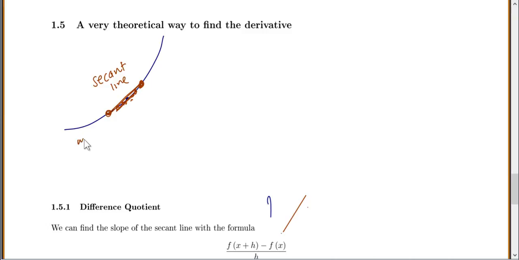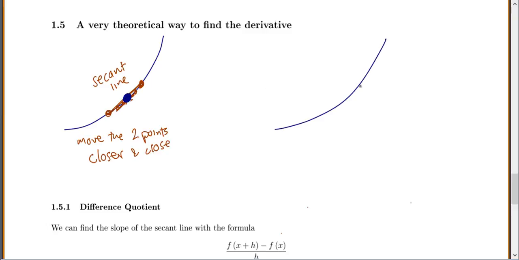So we want to move the 2 points closer and closer, until eventually, if I can move them so close that they're essentially the same point, I could find the slope at that exact point. Okay, so you start off with 2 points that are far away, you move closer and closer until you get to just 1 point, and that would be the slope at that 1 point.